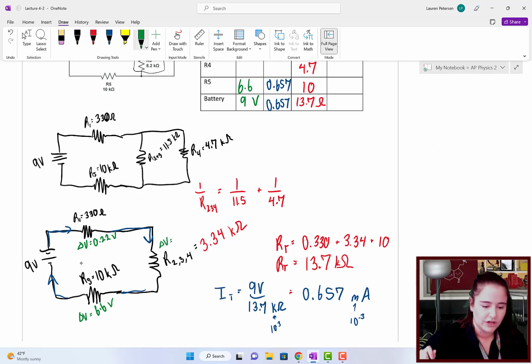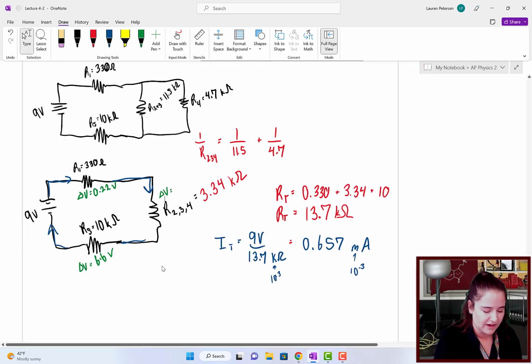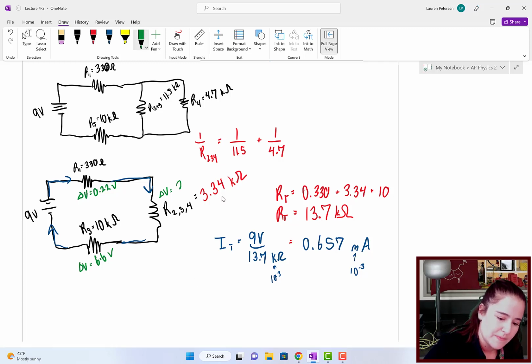The delta V there would be the current, 0.657, carrying some extra while calculating, times 3.34, which gives us a voltage drop of about 2.2 volts, which makes sense because if I do 9 minus 6.6 minus 0.22, I get 2.18 or 2.2. So that voltage drop is 2.2.